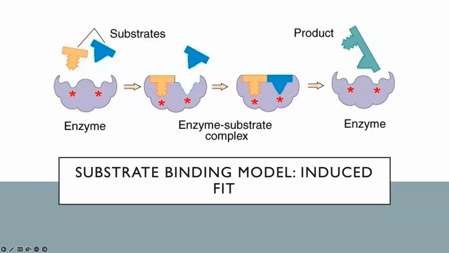And so what reactions are being interrupted when a substrate binds in this model? We're going to be interrupting certain bonds like hydrogen bonds, hydrophobic effects, and van der Waals forces. But again, you can see in the induced fit model, your active site is going to form around your substrate.